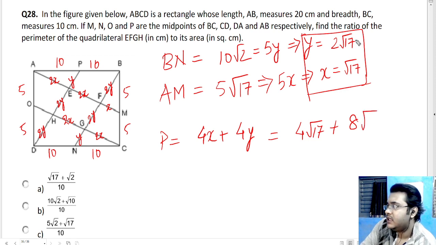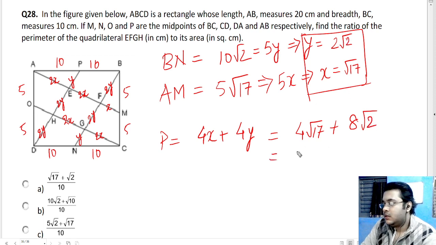Sorry, this is not 17, this is root 2. A silly mistake. 8 root 2. Take 4 common, you will get, I'm writing this first, 2 root 2 plus root 17.